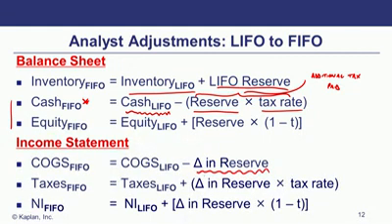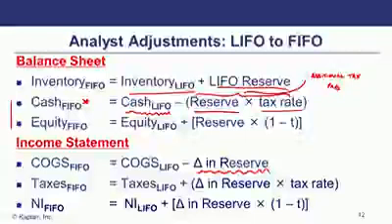Remember, by subtracting the change in the LIFO reserve, what essentially we're doing is we're adding last year's LIFO reserve to beginning inventory, and we're adding this year's LIFO reserve to ending inventory. So notice cost of goods sold under FIFO are going to be lower than cost of goods sold under LIFO, again assuming inflation in your purchase prices.